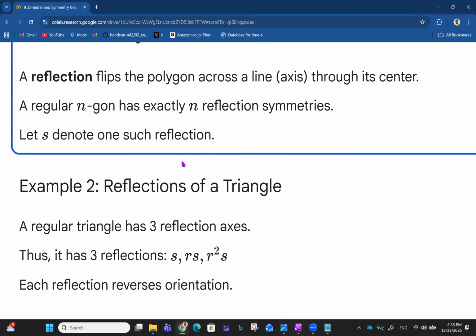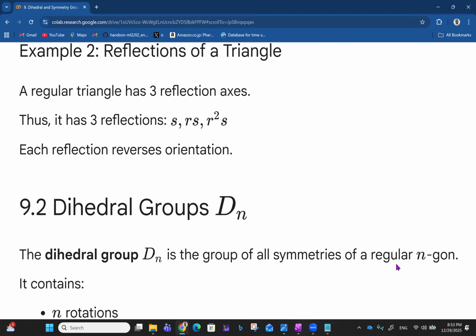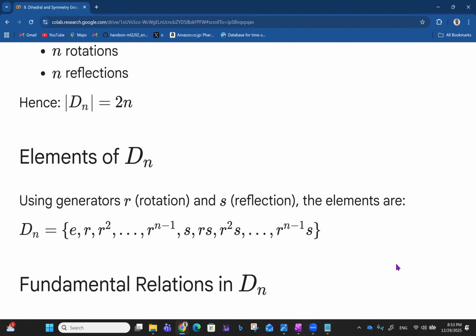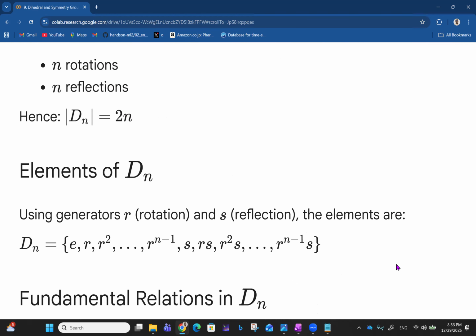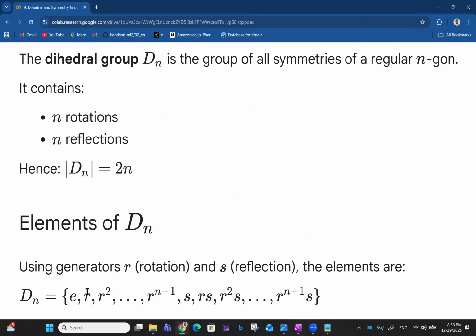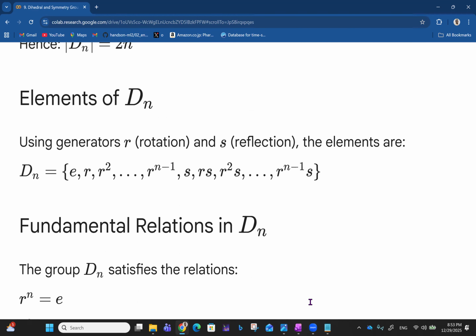If it was for R4, for instance, with 4 reflections, you have S, RS, R squared S, and up to R cubed S for a square. You're going to see that also as we forge ahead. So here you have the n rotations and then the n reflections.